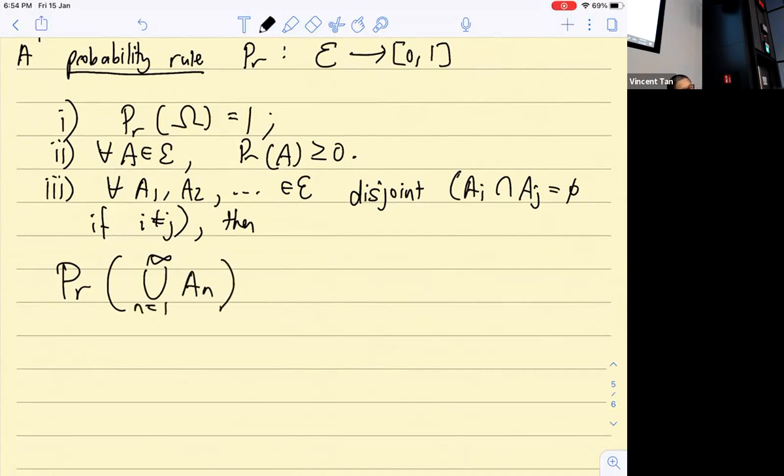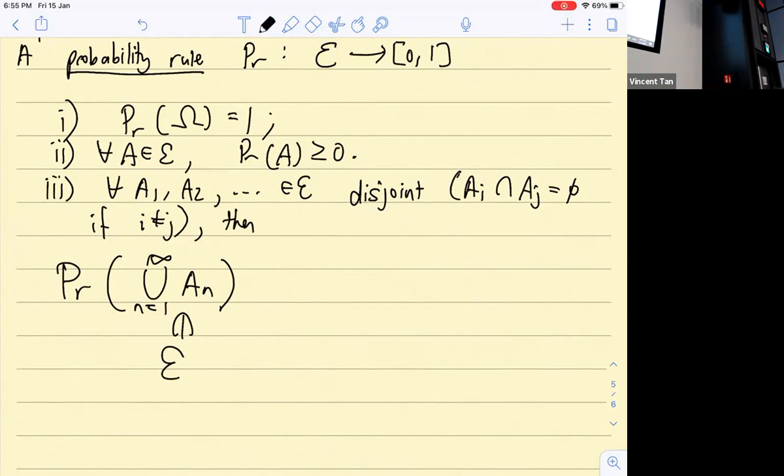Why can we talk about the probability of the infinite union? Because of some axiom. I cannot remember which, but it's axiom 2. Axiom 3 is complementation. We can talk about this because every element of this sequence is an event, so the infinite union is an event, and we can plug it into the probability operator. Otherwise, we cannot.